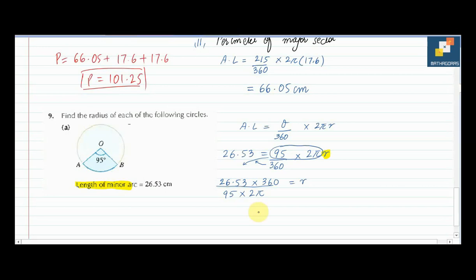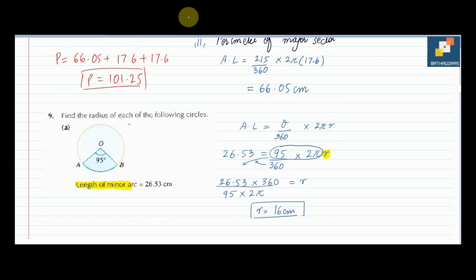So the final answer of r is 16 centimeter, right? So in the last class we needed to find the arc length, and in this question we need to find the radius. Basically the examiner is trying to teach us how to manipulate this working formula, right?